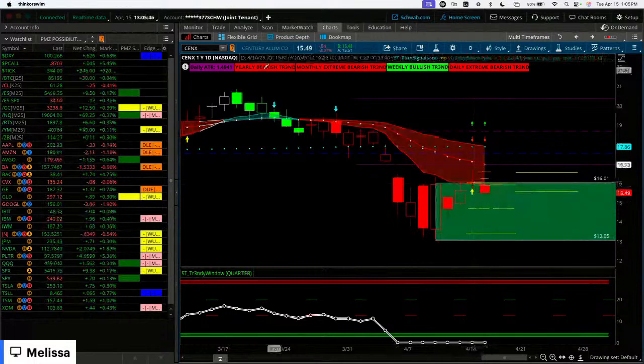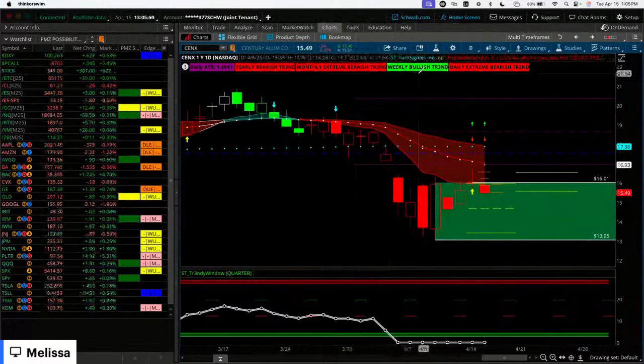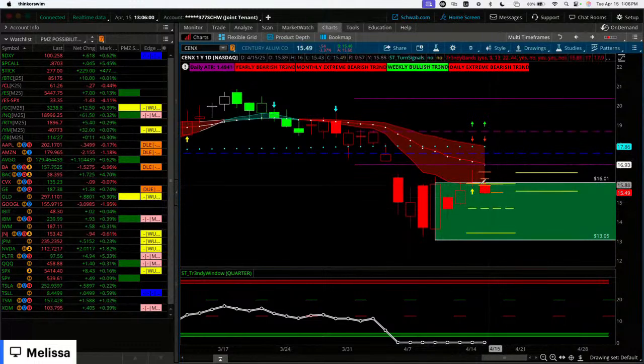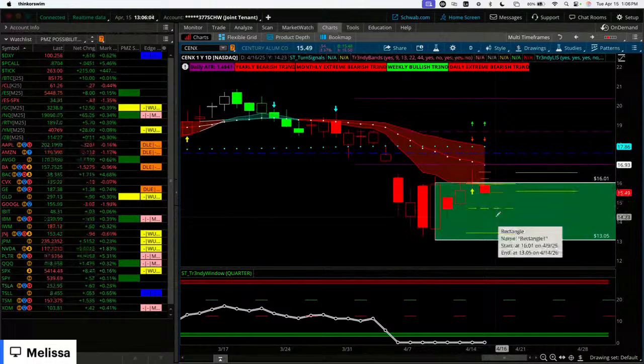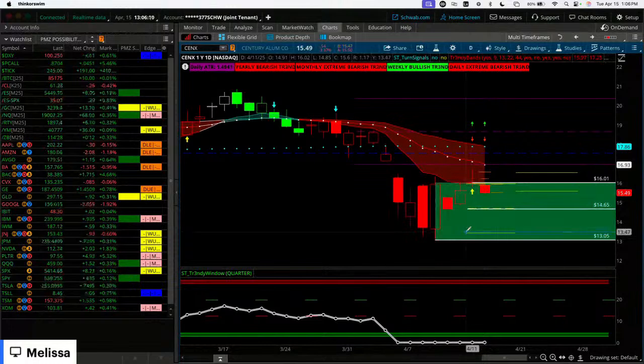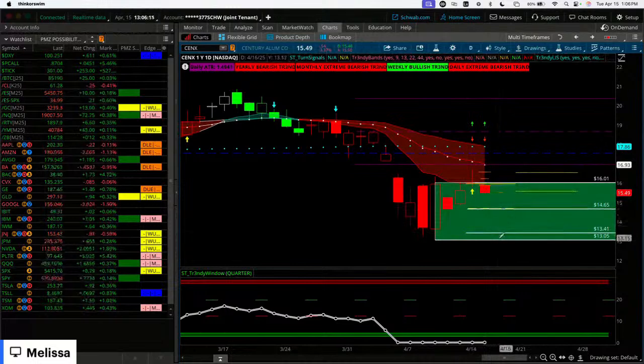Because it is in a bearish trend. The weekly is bullish, but all other time frames are bearish, so I'm leaning more bearish. For that reason, I would scale into a trade inside of this demand zone here. You can use these trendy edges as some potential areas to enter or to buy contracts at.